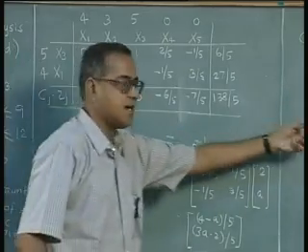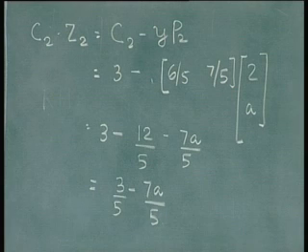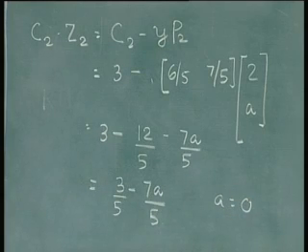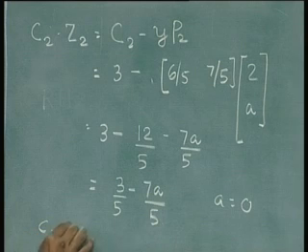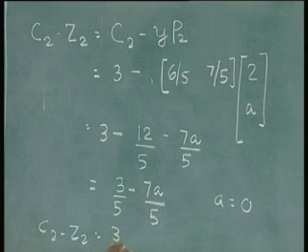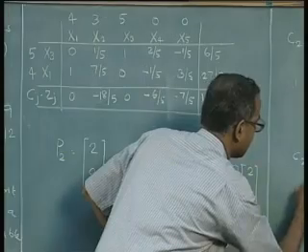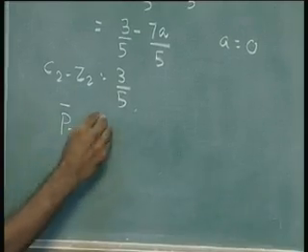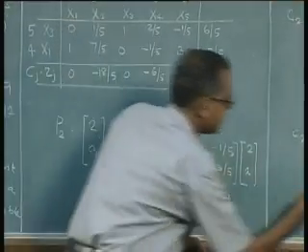If a is such that this term becomes positive, then variable x2 will enter. So, if we consider, for example, a equal to 0, then C2 minus Z2 will be 3 by 5, P bar 2 will be 4 by 5, and when a is 0, minus 2 by 5.